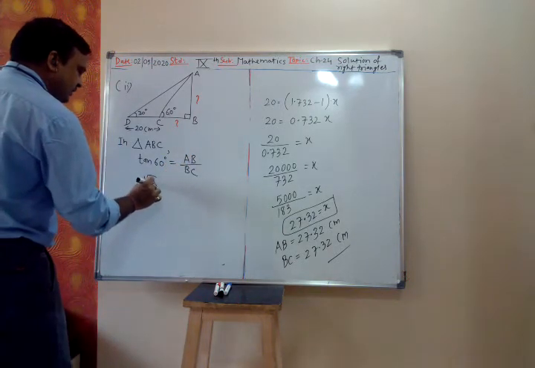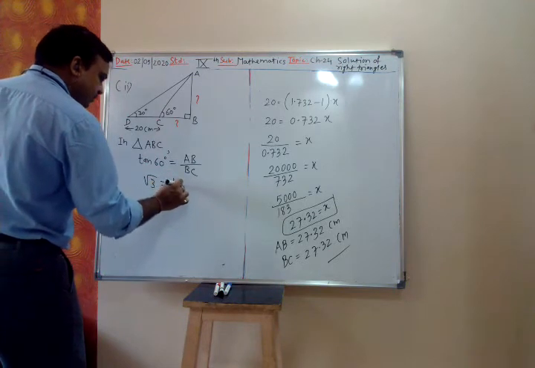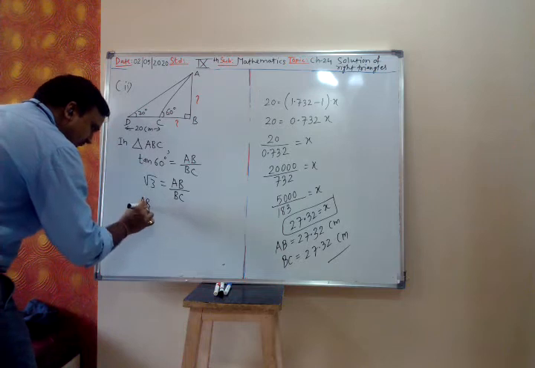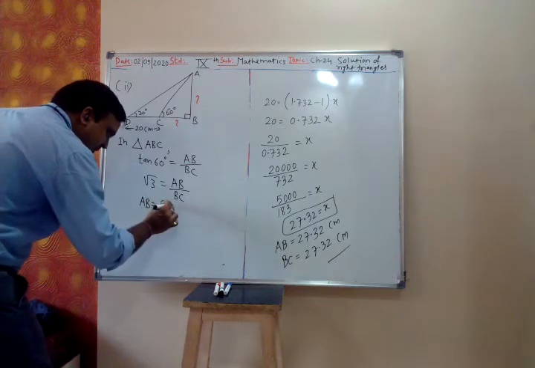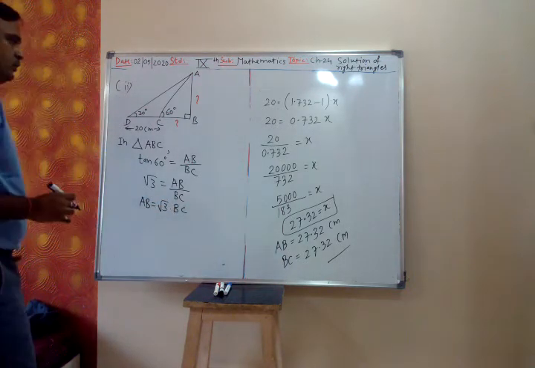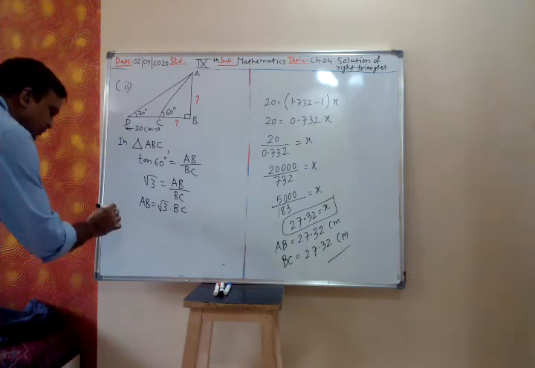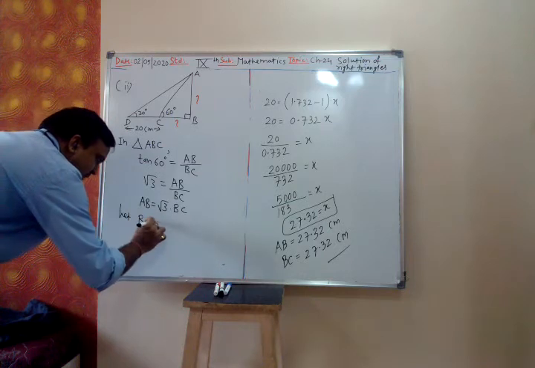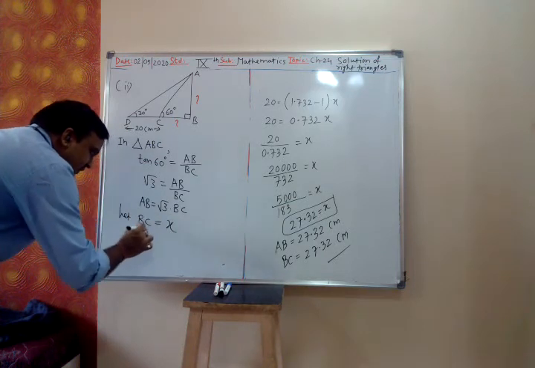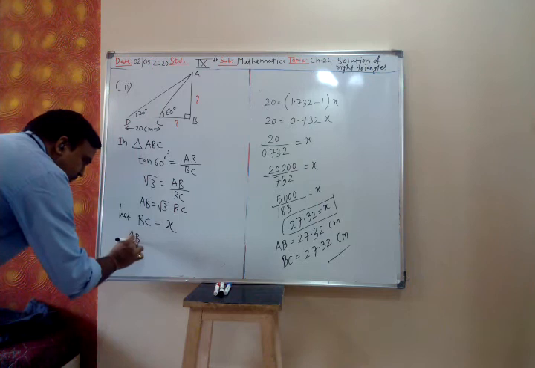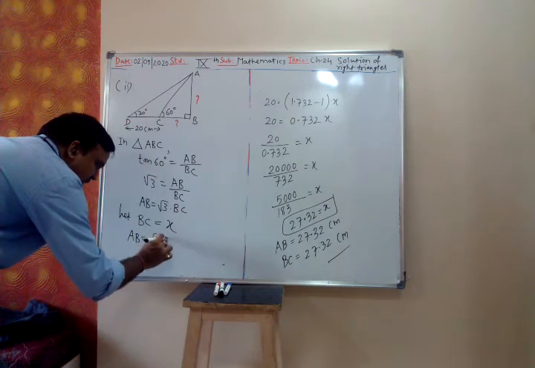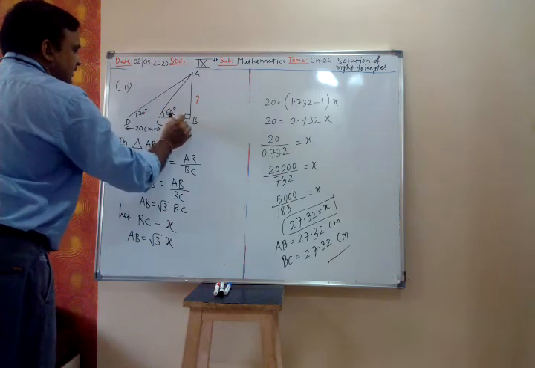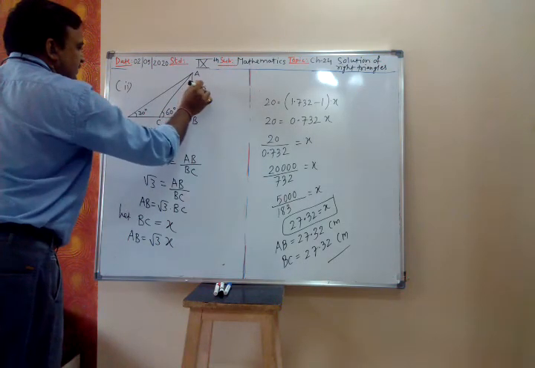Tan 60 is root 3, so AB upon BC is root 3. So AB is equal to root 3 times BC. Let BC be x. Then AB will be root 3x.